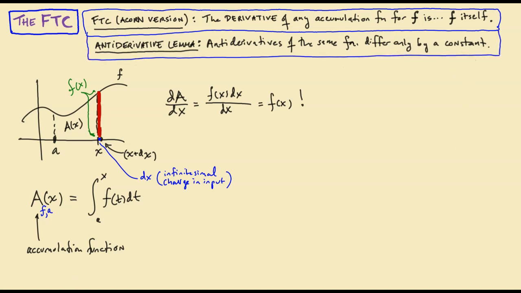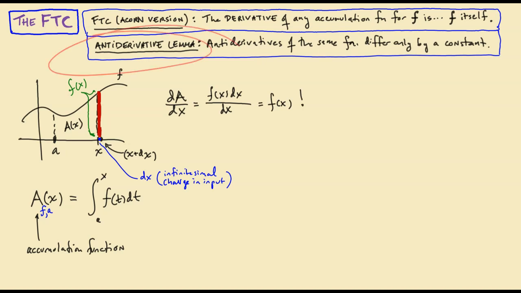There's also some fine print that says that the antiderivatives have to have the same domain, but I just want to remind you of the main gist of the lemma, which tells us, for example, that since sine is an antiderivative of cosine, any other antiderivative of cosine can only differ from sine by a constant. So cosine has other antiderivatives like sine of x plus 9 or sine of x plus 14, but those are the only sorts of antiderivatives that cosine has.